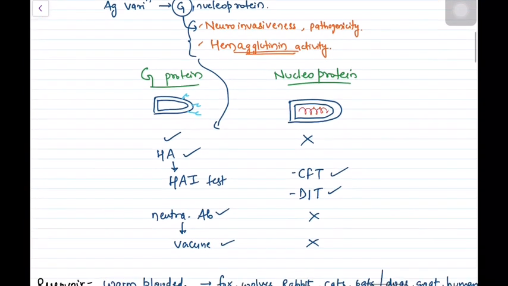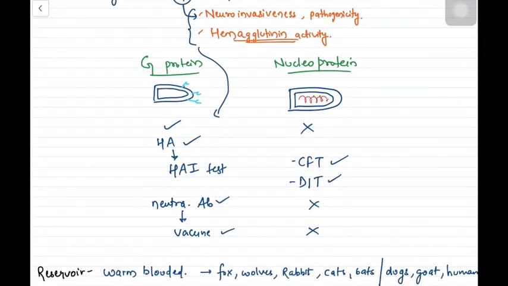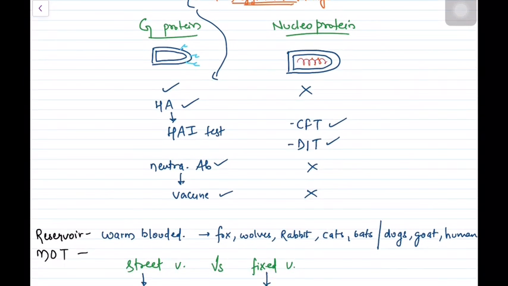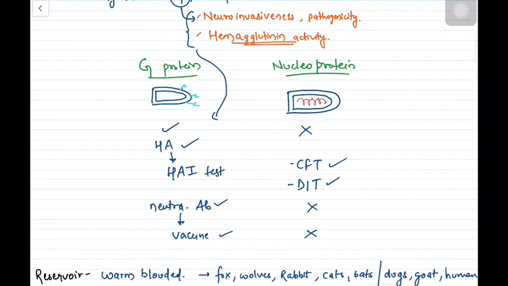Now comparing the G protein on the envelope versus the nucleoprotein inside the RNA particle, inside the matrix protein. Neuroinvasiveness, pathogenicity, and hemagglutinin activity are for G protein, which are absent for nucleoprotein.